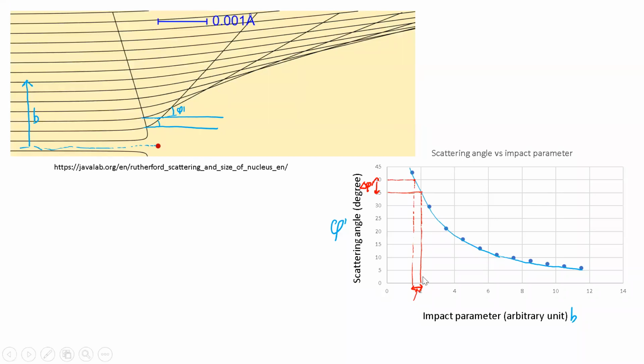This range over here would be my delta B. Then I can have a ratio delta B divided by delta phi prime, which gives me some number. Okay. So now I ask another question.